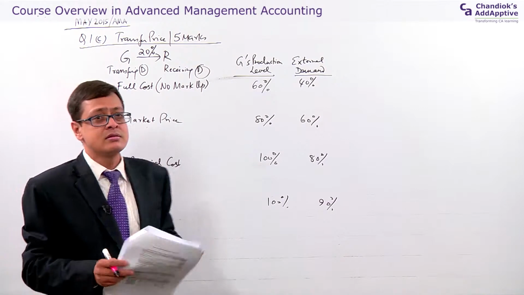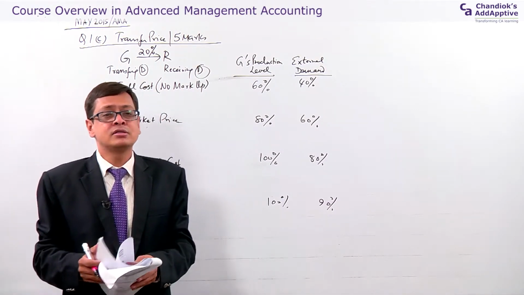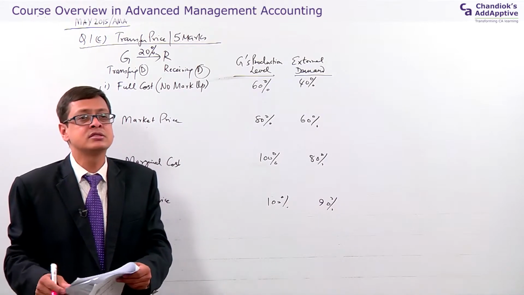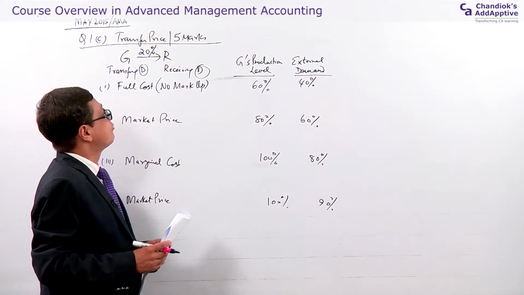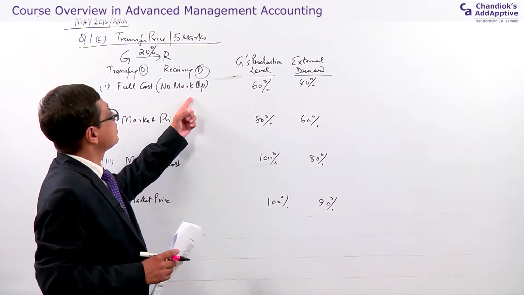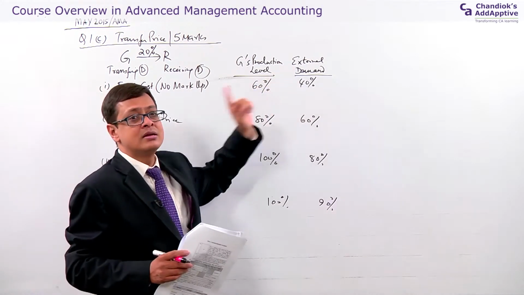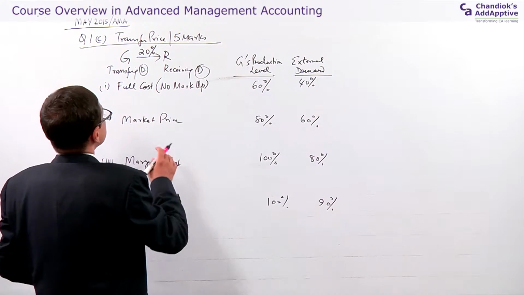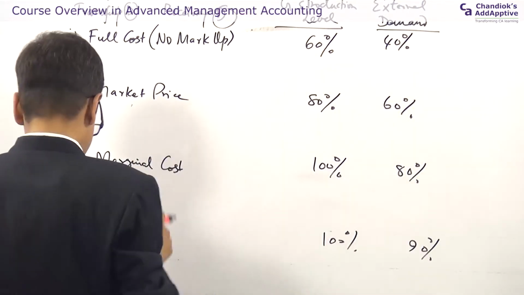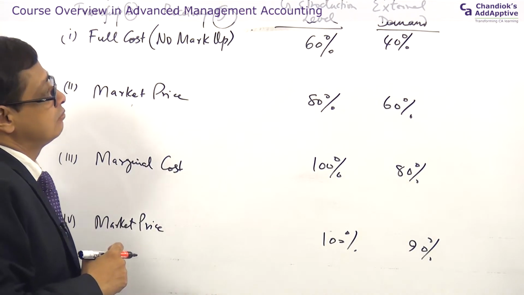So let's write the reason. What is the reason for the first situation? So let's think about the first situation together. The first situation says it is at full cost, there is no markup, G's production level is 60%, external demand is 40%. So what does this mean? This means that G is utilizing 40% of the production capacity, right?